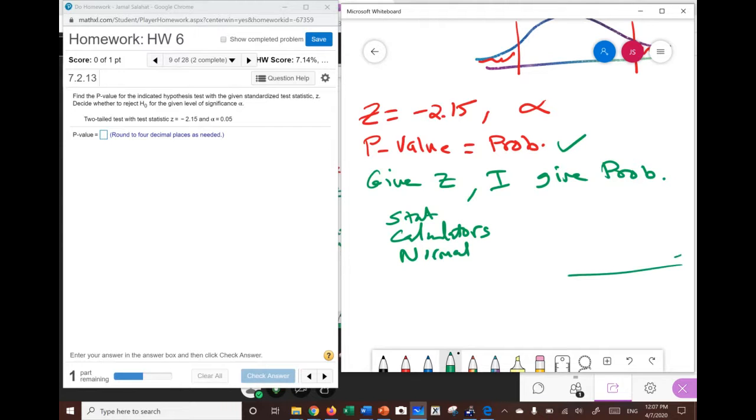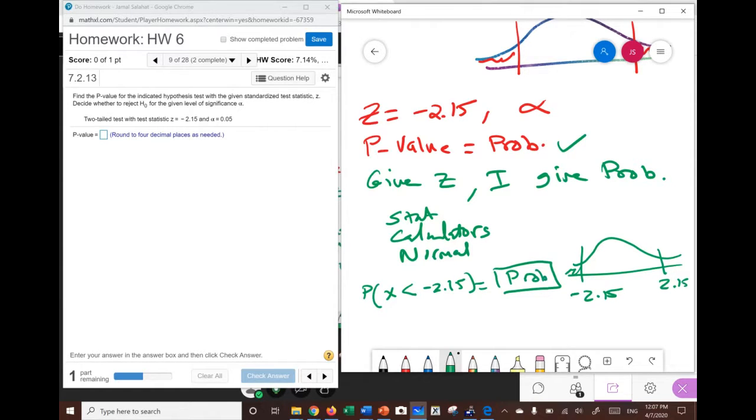You gave me a z, which is negative 2.15. Notice, because of the two tails, there is another z, which is 2.15. But let's focus on one. Let's find the area to the left. So we're going to go to P(X < negative 2.15), and the last box will be the probability that we're trying to find. So if we do that, we're going to get the probability in the left corner.